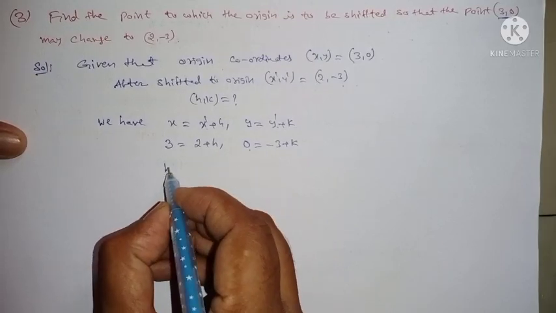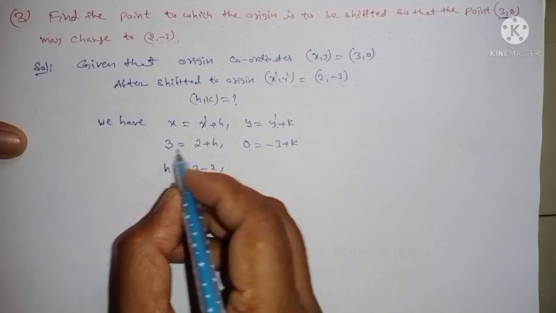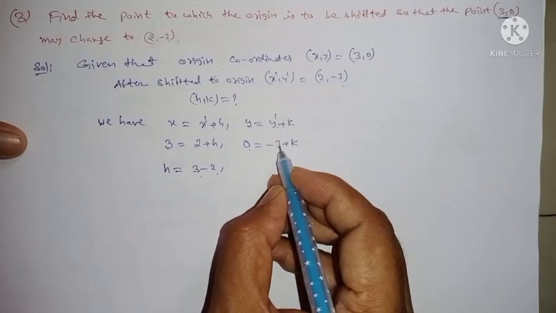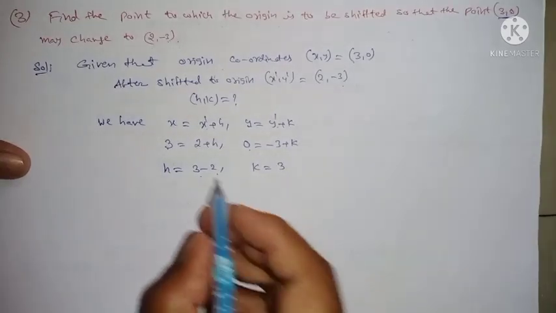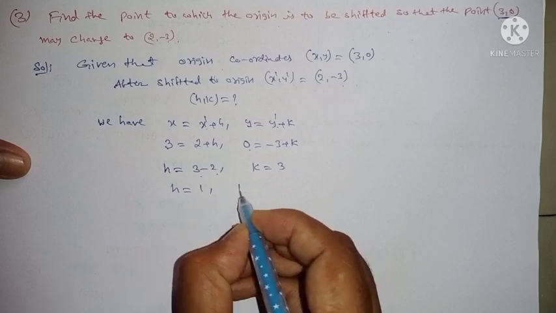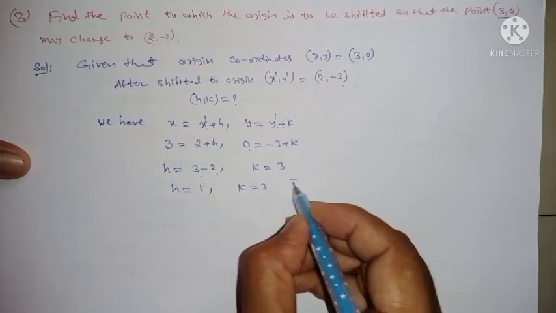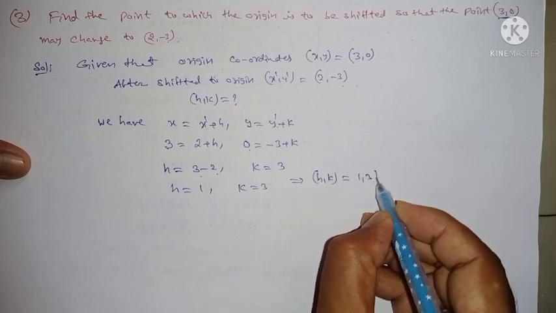Therefore h = 3 - 2, and k = 0 + 3. So h = 1 and k = 3. Therefore, (h, k) is the answer (1, 3).